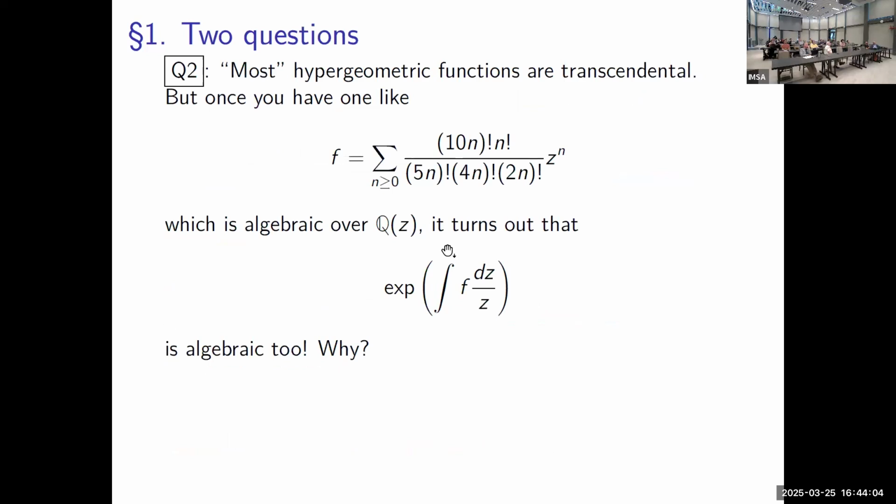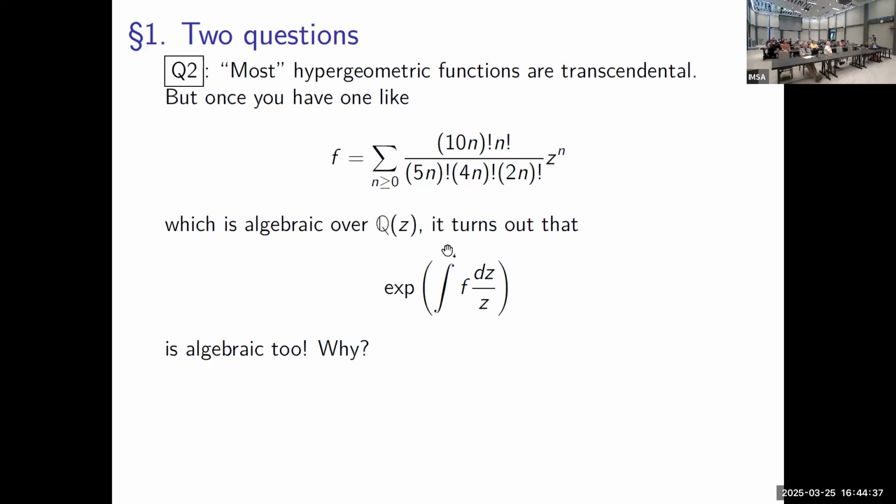But once you have one like that one, which is algebraic over Q(z), it turns out that its exponential integral is algebraic as well. So structurally, why should this be true? And the proofs that have appeared in the literature of this sort of thing have all used complicated analysis. As we'll see, it's a simple fact about normal functions, very simple stuff.